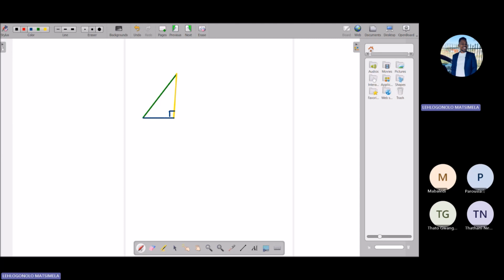Side number 1, which is this one, and side number 2, which is this one. I'll put the 2 line, and side number 3, which is this one, I'll put the 3 line. This triangle has one angle of 90 degrees. So the type of triangle, we call it a right angled triangle.